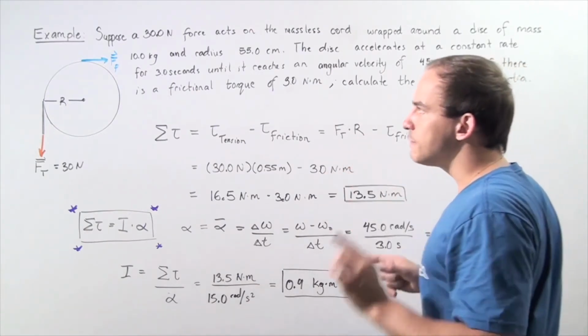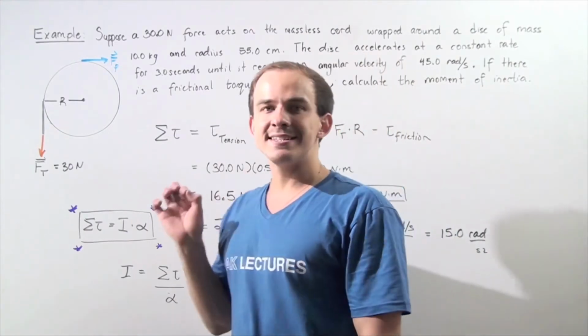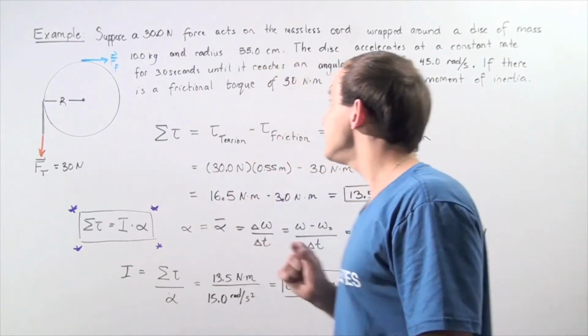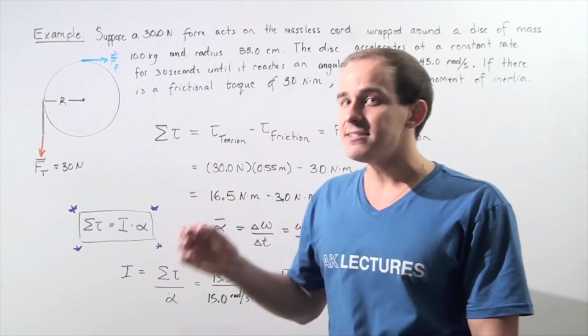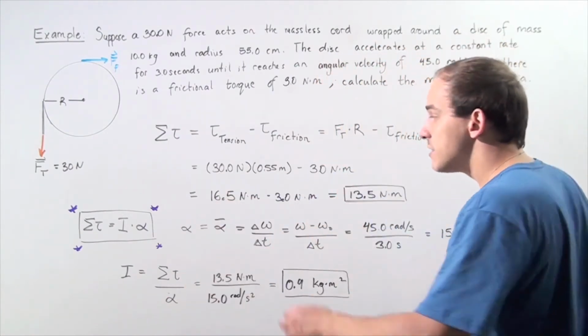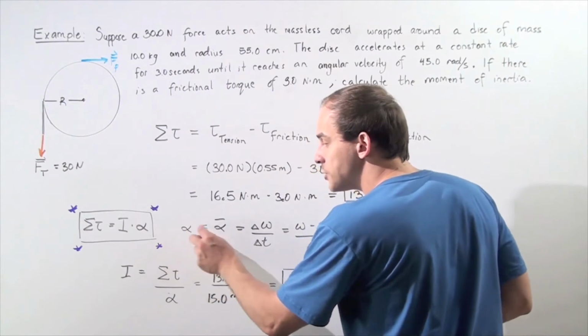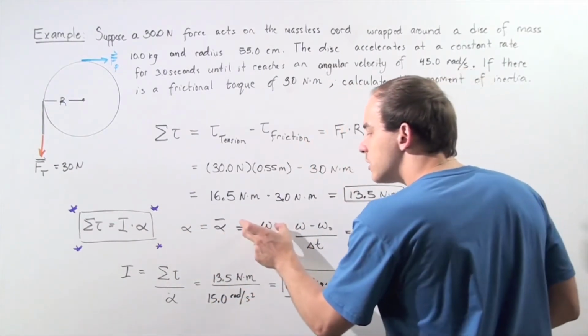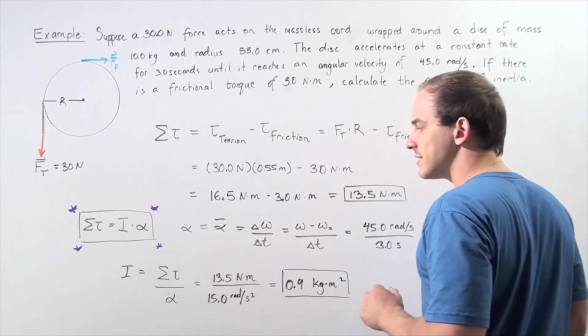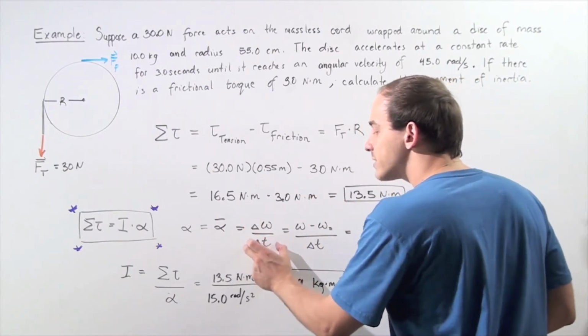So now we want to find the instantaneous acceleration. Now because our angular acceleration is constant, that means that instantaneous acceleration is equal to the average acceleration, which is equal to the change in our angular velocity divided by the change in our time.